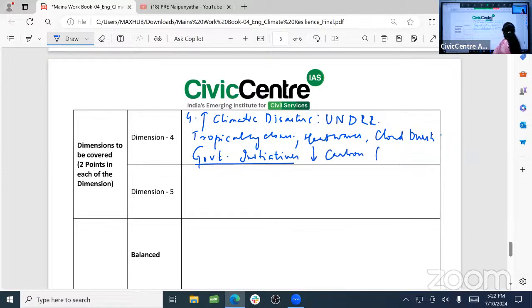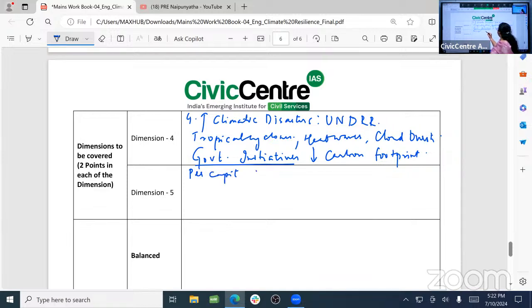As per the data of the World Meteorological Organization, the per capita carbon footprint of Indians is 60% less than the world's average.